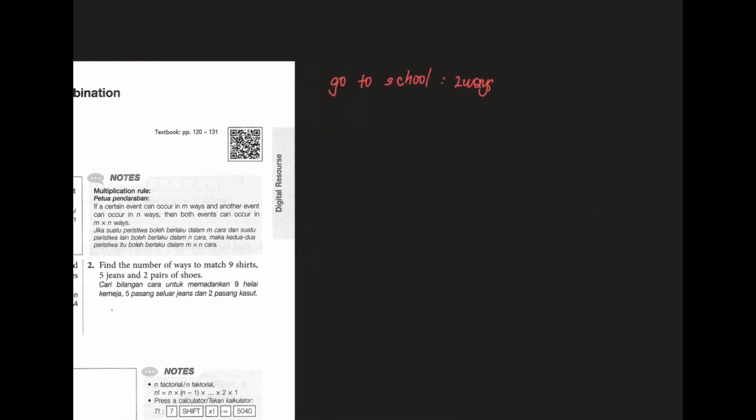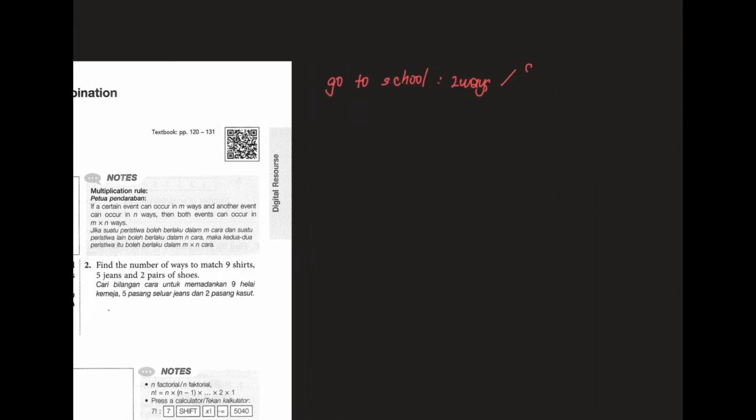So let's say you go to school. That's the event. Go to school. You can do it in two ways. Either by car or let's say you take a taxi. Two ways.